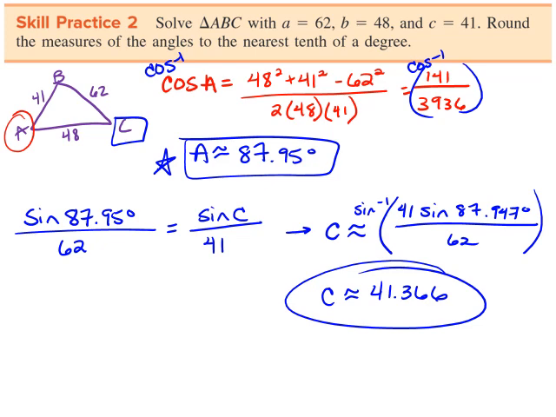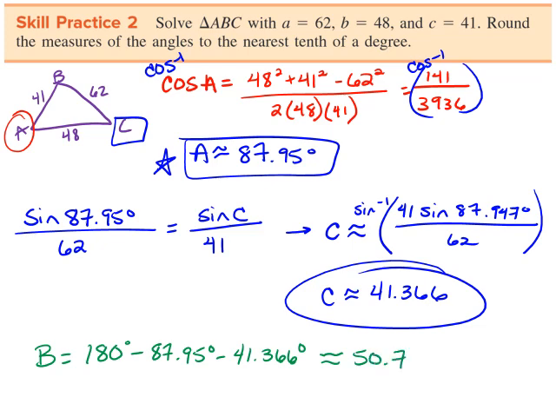Now, I have two of the three angles. I need to find the third angle, which is angle B, by subtracting the two that I have just found from 180 degrees. So when I subtract these, I get approximately 50.7 degrees for that last missing angle.